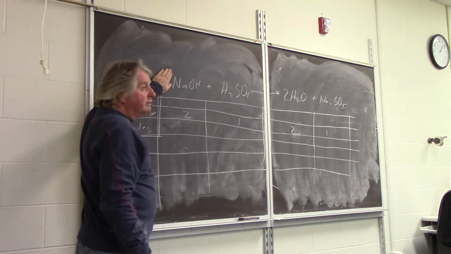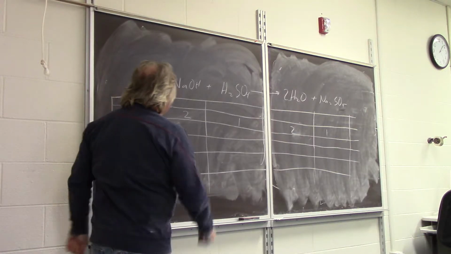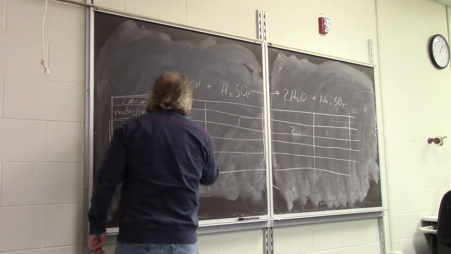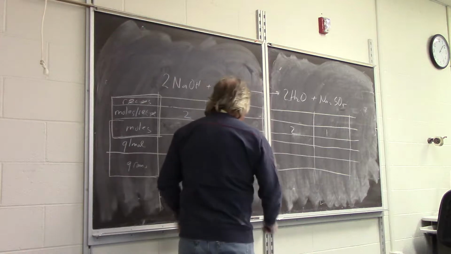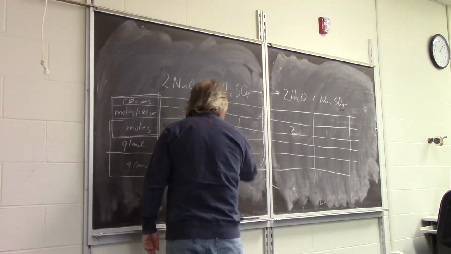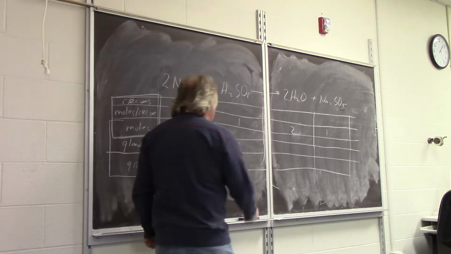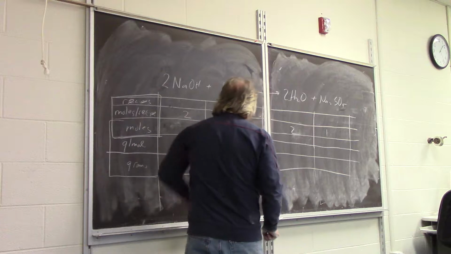Don't use the coefficient, just use the chemicals. So it's 23 plus 16 plus 1. Again, we're going to go to whole numbers. I believe sulfate is 96, is that right? Is it 96? 98. Sulfate is 96. Okay.